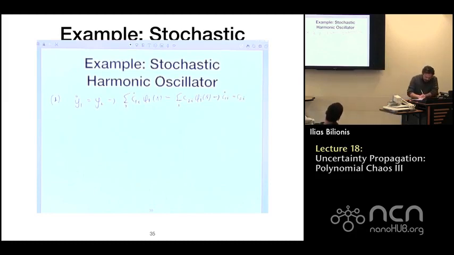Now, if you do that for equation number 2, you're going to get y2 dot equals minus omega squared(x) y1. Okay, this is a little bit trickier. Now you have the sum over i of c2_i dot phi_i(x), and now you have an expansion for omega.